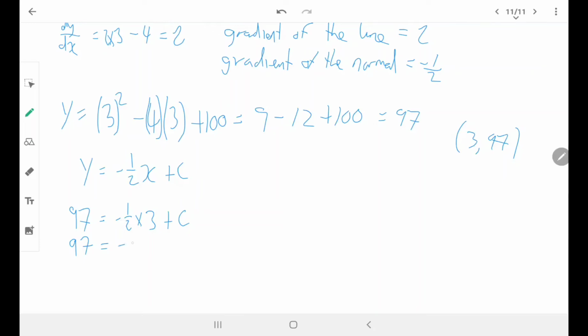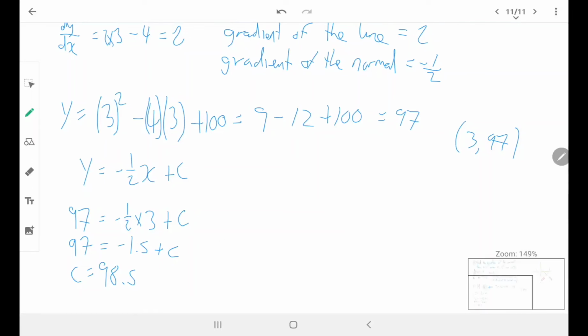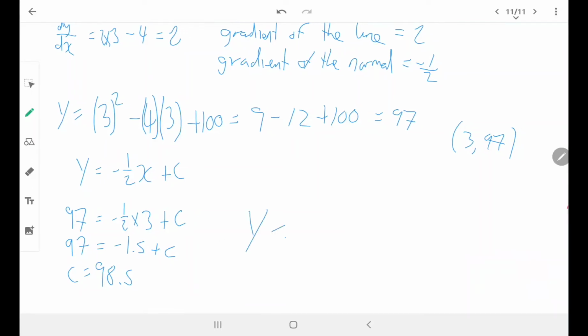So we have minus 1.5 plus c. And therefore c, we're going to add this 1.5 to that, is 98.5. Our final equation is y equals minus a half x plus 98.5. And that is our equation of our normal.